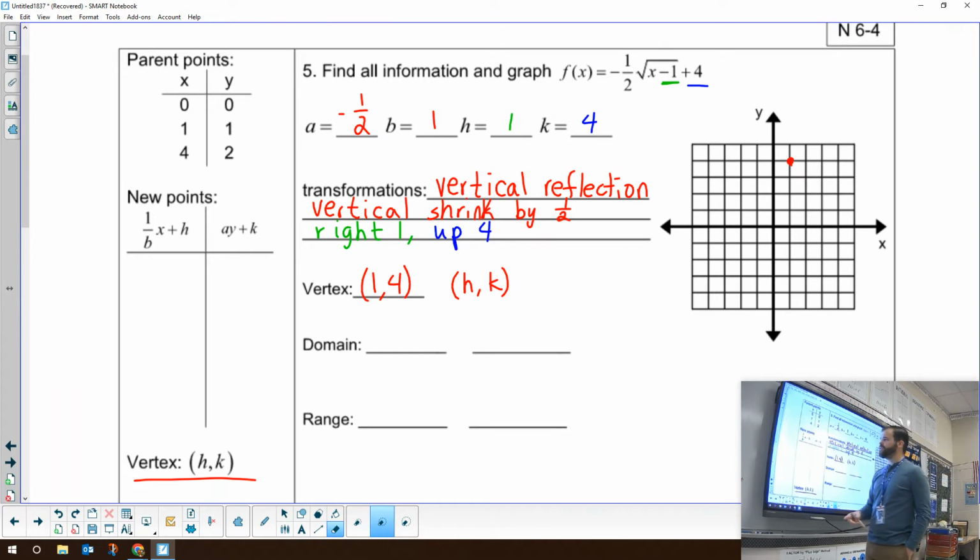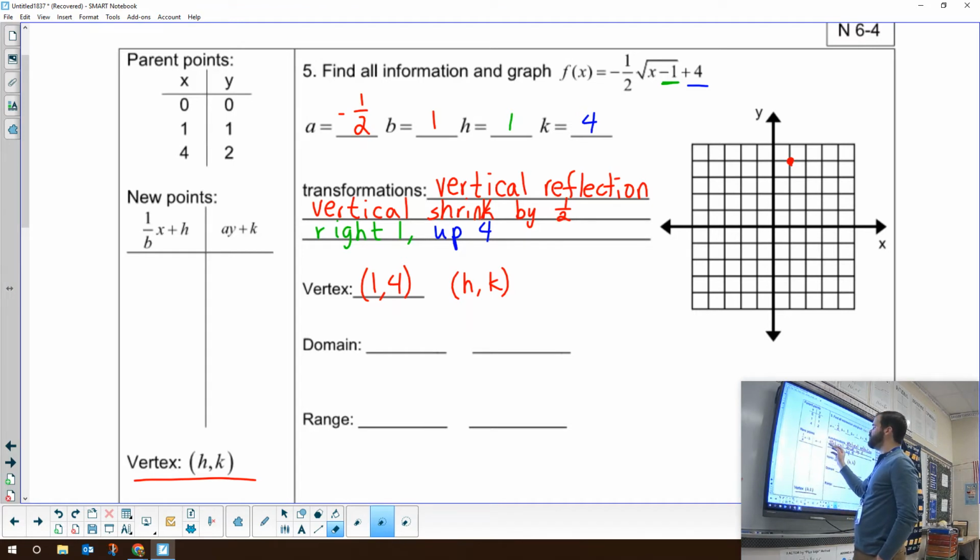So to figure out where this graph is, I'm going to show you how to use the table. Now, actually, guys, this table can be used for any of your graphs that we've done. But we're going to use this table to figure out some exact points here. So what we do is we take our parent points and we put them into these new, we go 1 over bx plus h, and that gives you your new x's.